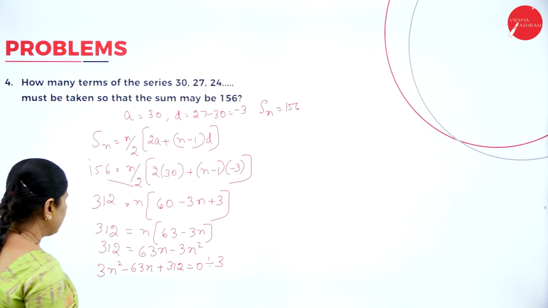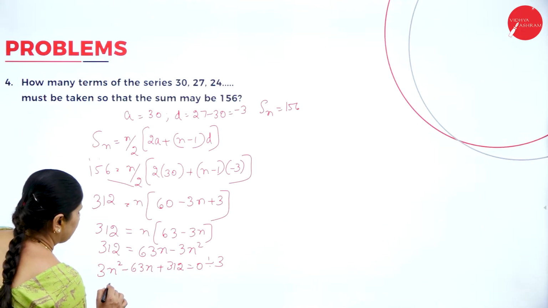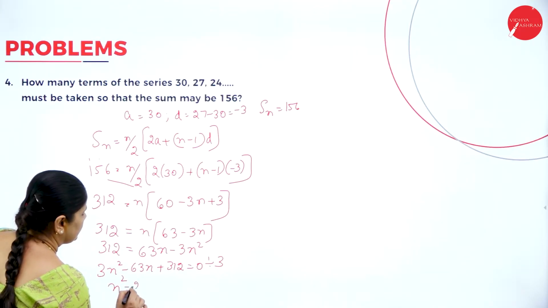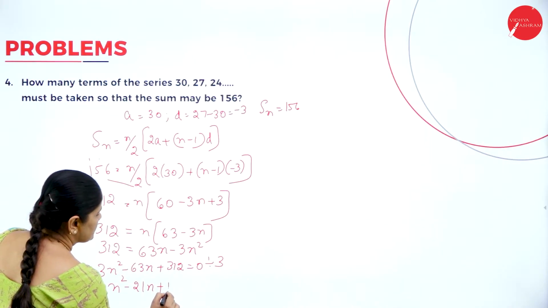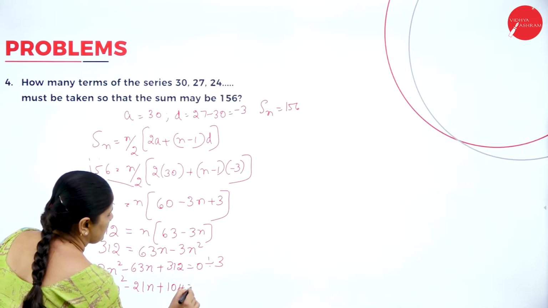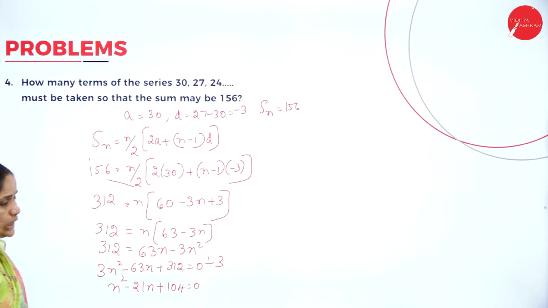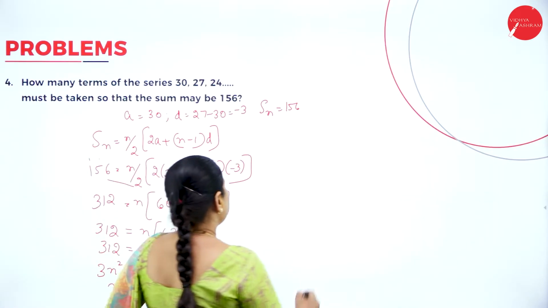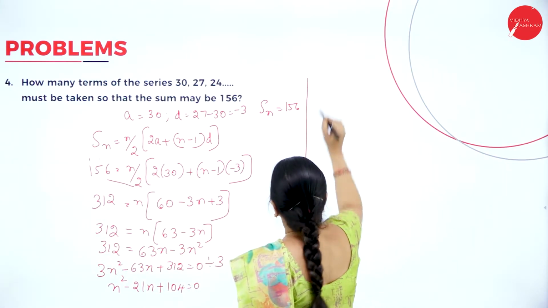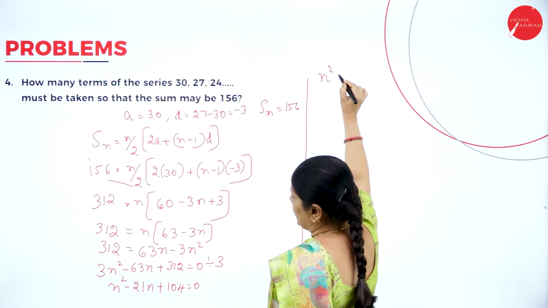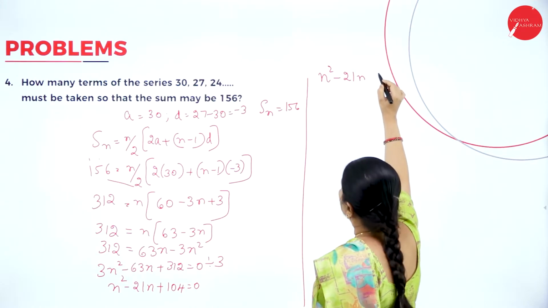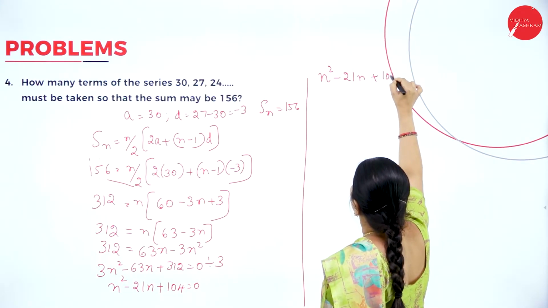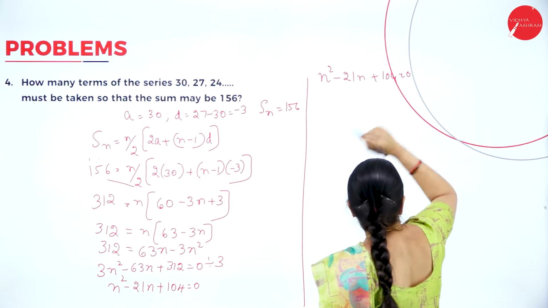When I divide it by 3, I get n square minus 21n plus 104 equals 0. So the equation is n square minus 21n plus 104 equals 0.